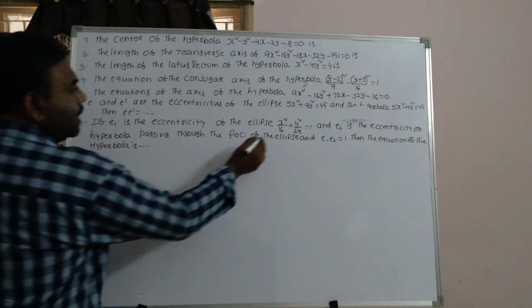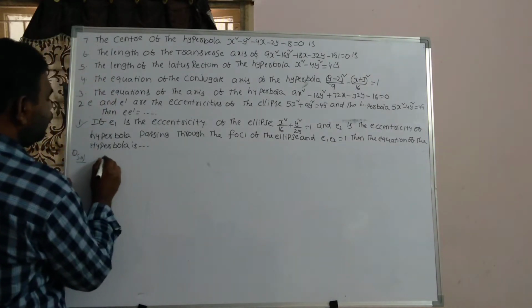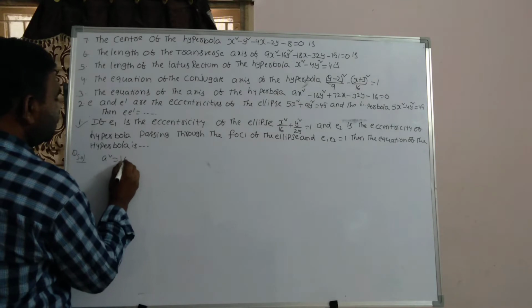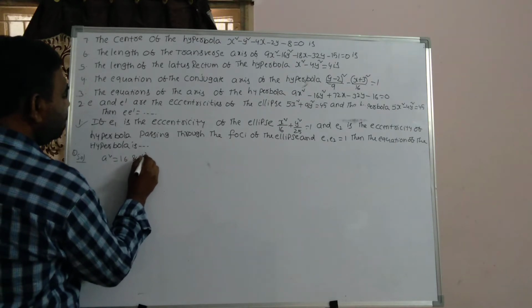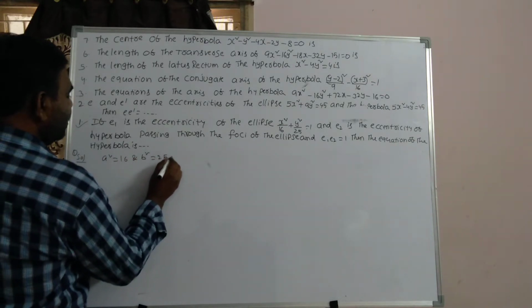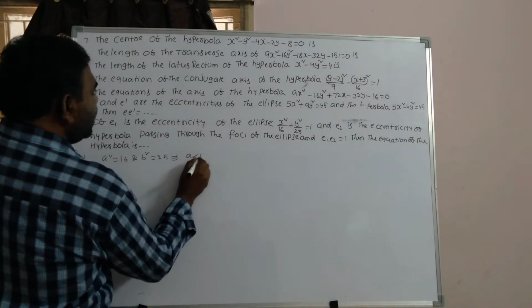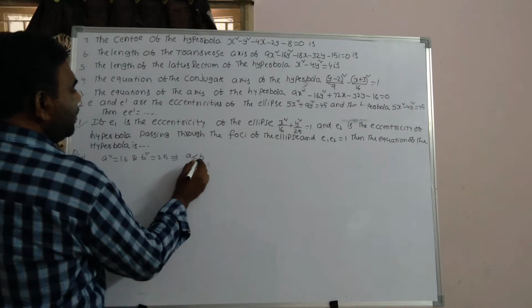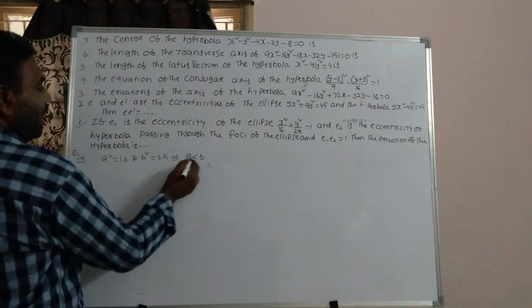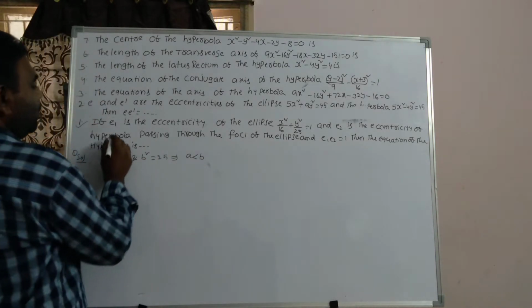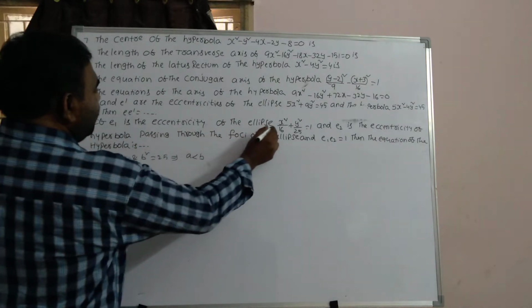Here clearly we know that a square is equal to 16 and b square is equal to 25. That implies a is less than b. Now here the major axis is on the y axis. Here we find the eccentricity of the ellipse.